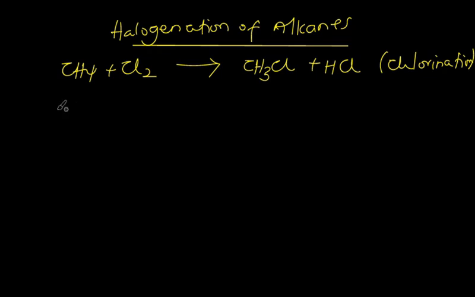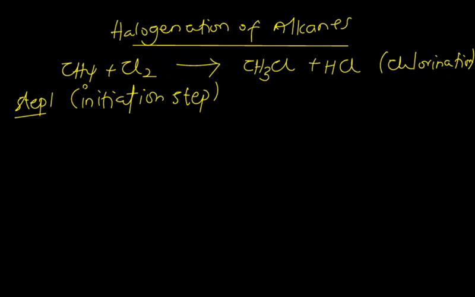Now this is just the overview, just how the reaction proceeds. But how the chlorine tends to attack the methane to give methyl chloride and HCl occurs in 4 steps. So let's have a look at these steps. The first step, step 1, is what we normally call the initiation step.